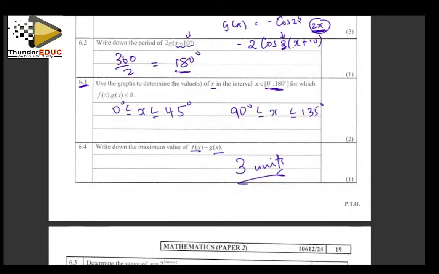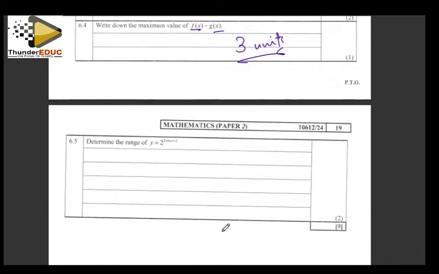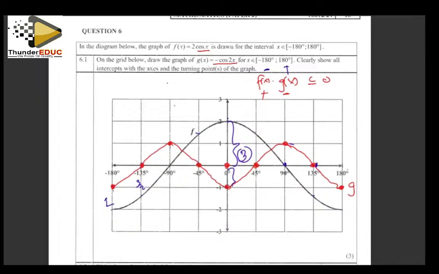All right, then next 6.5. They want us to get the range of y is equal to 2 cos x plus 2. So 2 cos x, remember that is the f, okay? Now the moment we say plus 2, this graph is being shifted 2 units upwards, so the new turning point will be at 4.